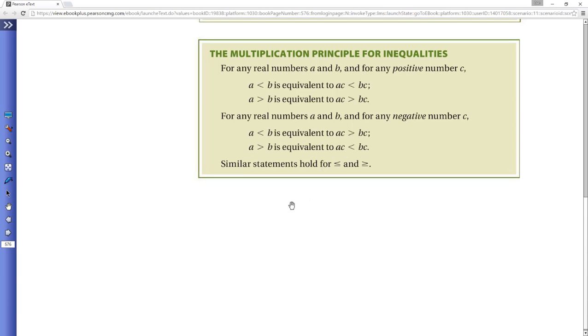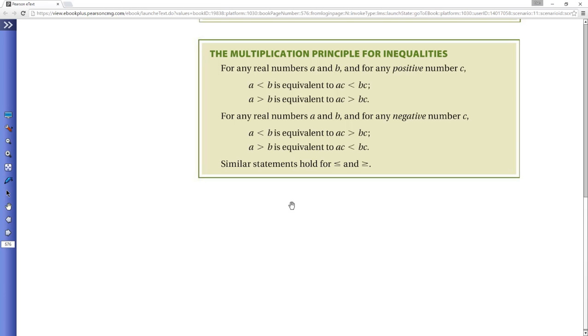Now, a quick example I can just say verbally, and we'll probably look at a little bit later too with some of the examples, is if I have the inequality that 1 is less than 2, that's true, right? So I could write that down, 1 is less than 2. If I multiply both sides by the same number, that's a multiplication principle.